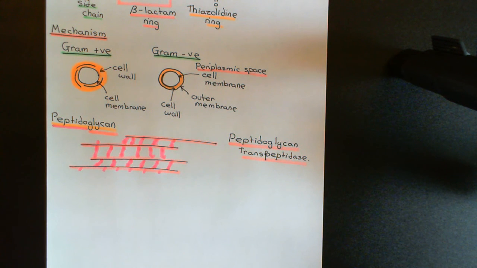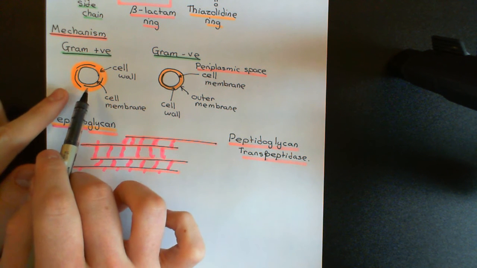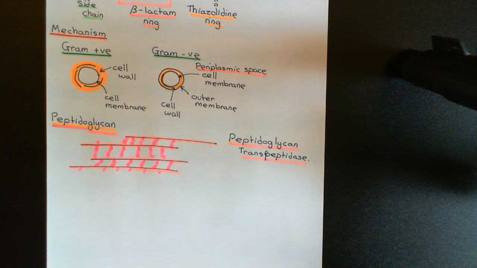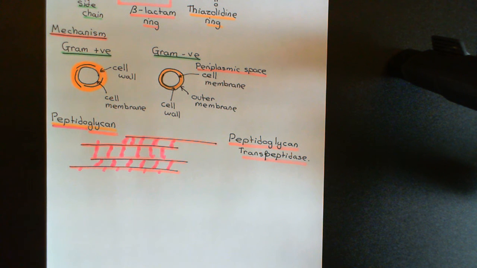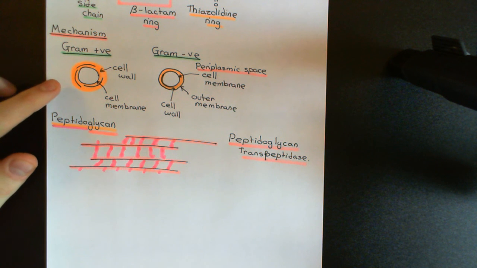And this is so that the bacterium can remain reasonably flexible, because it doesn't want a constant solid cell wall. It wants to be able to continuously remodel its cell wall. Okay, so it relies upon the continuous breaking of these cross-links between peptidoglycan fibres, and then the continuous rejoining together of them so that it can remodel its cell wall.